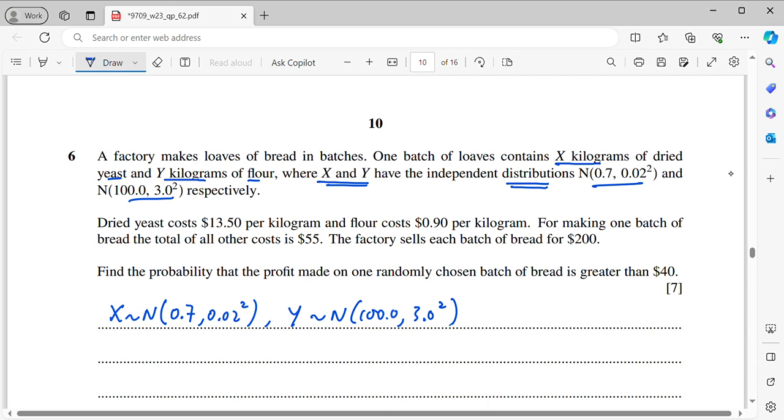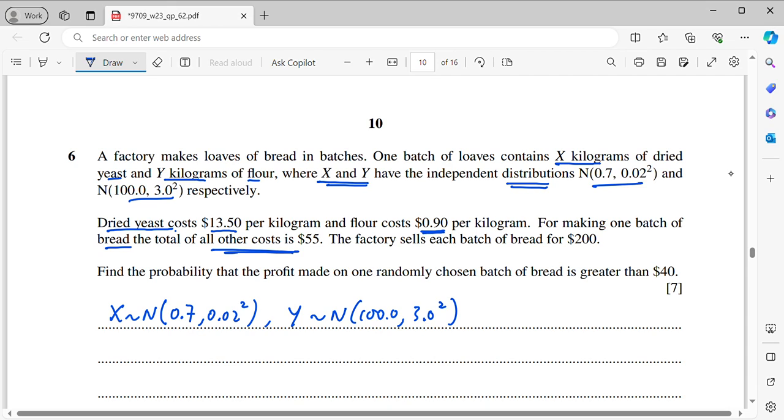Now, dried yeast, this is the X, costs $13.50 per kilogram, and flour costs 90 cents per kilogram. For making one batch of bread, the total of other costs is $55. The factory sells each batch of bread for $200.